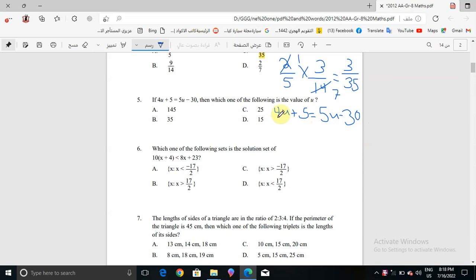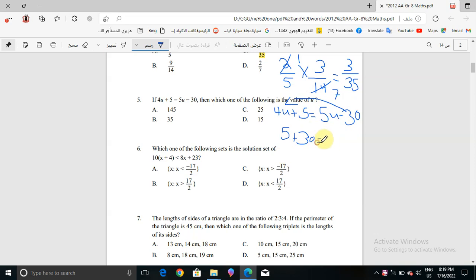Then what we'll make here, 4u, we can first shift 5, here we'll bring 5 and we'll shift 4u with 5u, so 5 plus 30, because when we shift 30, it was negative 30 here, then when we shift it to the other side it will be positive.